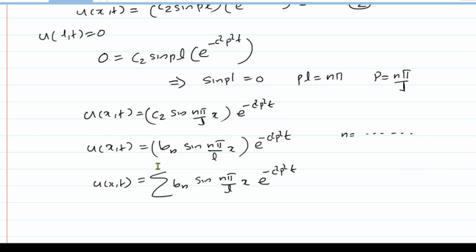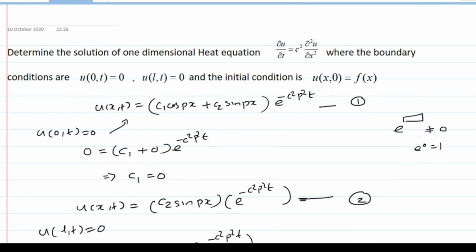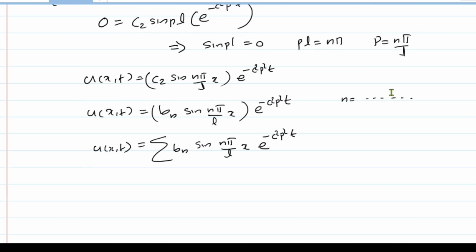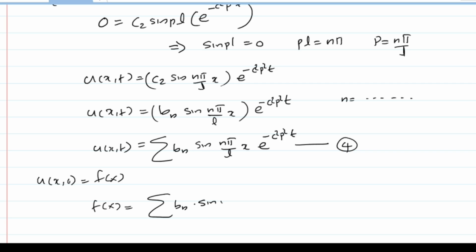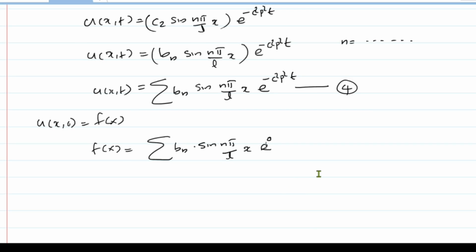Now we apply the initial condition given in the problem, u(x,0) = f(x), to equation number 4. So we put t equal to 0 in equation number 4. Then we get f(x) = sum of bn sin(nπx/L) e^0.